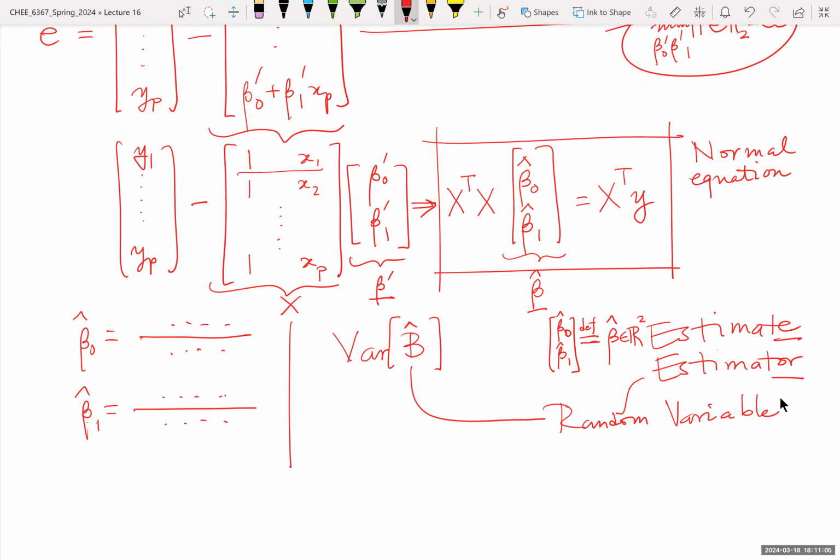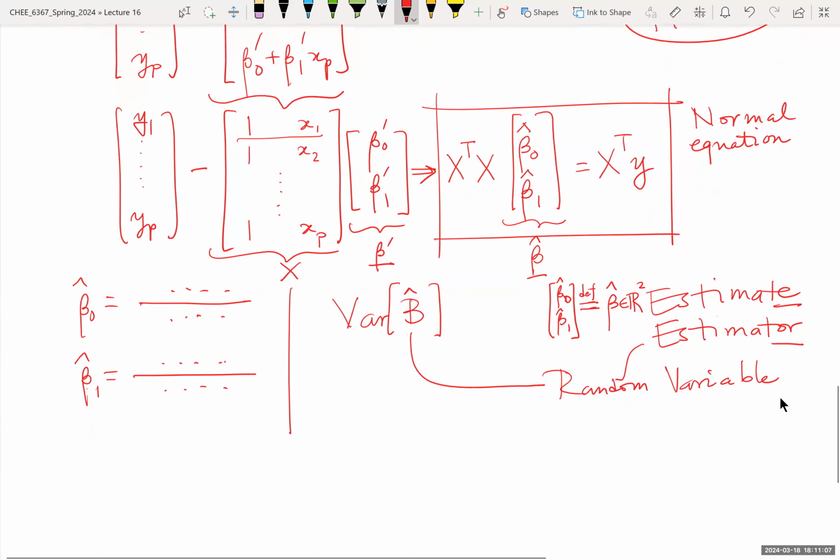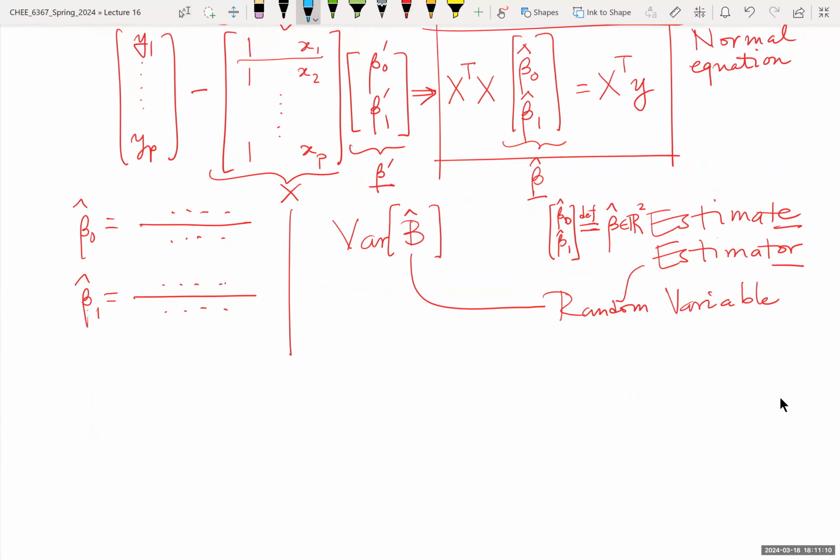Well, if I do an experiment and collect values at these points, x1, x2, all the way through xp, I can collect these values and I fit a straight line and I get this straight line. If I collect values again, at the same points, I'm not going to get the same values. I'm going to get somewhat different values. Maybe like this.